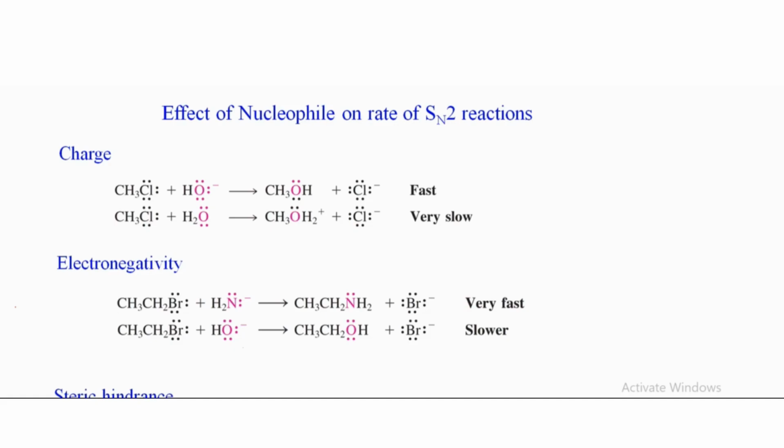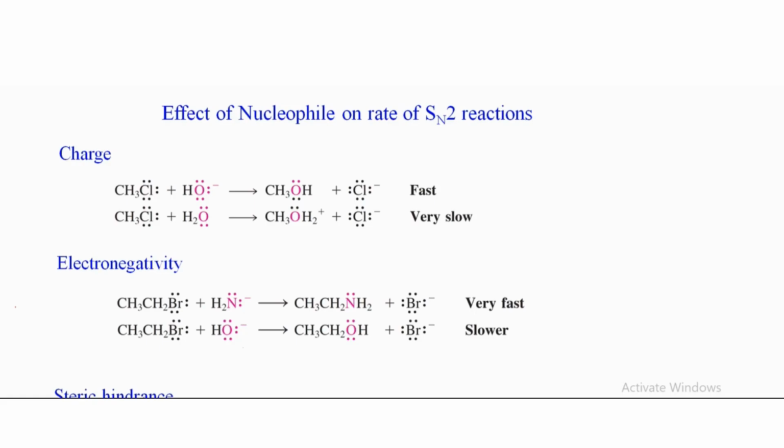So, in the last class, we discussed the factors affecting the rate of SN2 reactions. There are a total of 4 factors we discussed. They are the nature of the alkyl group, the nature of the leaving group, the nature of the nucleophile, and the nature of the solvent.